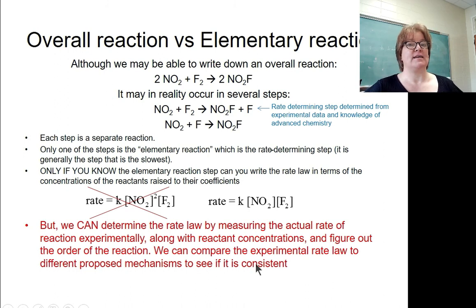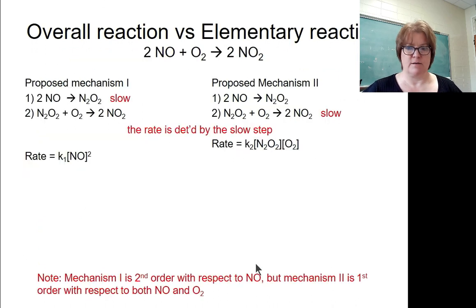And again, if I can measure those orders experimentally with respect to different reactants, I can compare them to theories of different mechanisms, different types of steps, and see which ones are consistent. It doesn't prove that that's what's happening, but sometimes I can eliminate options and at least get it down to a few possibilities.